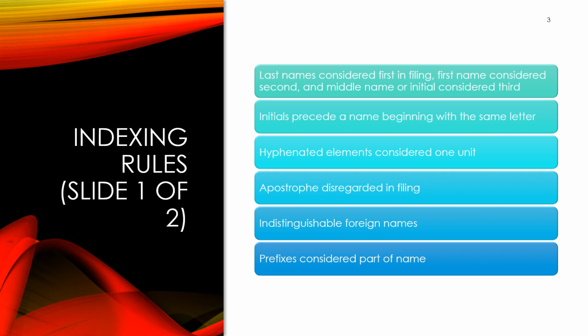When indexing a foreign name that you have trouble telling between the first and last name, index each part of the name in the order in which it is written. If you can figure out which is the first and last name, start with the last name and then use the obvious first name. But if you can't, you go by whatever order the client writes it in.